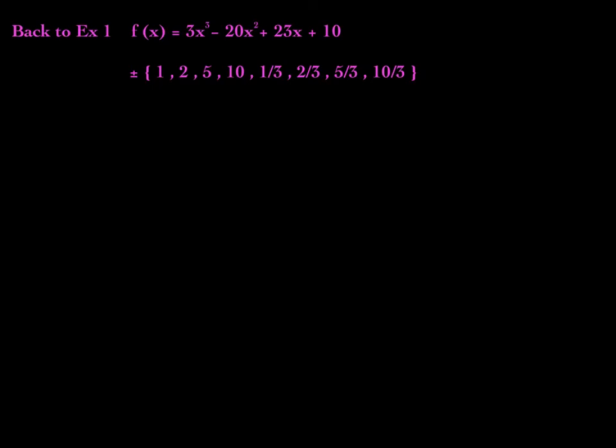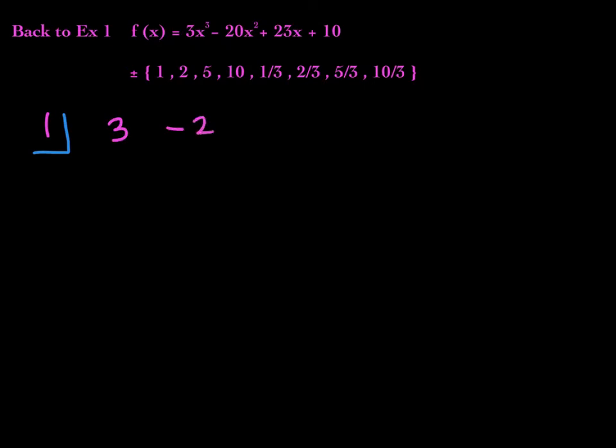So what I'm going to do is set up synthetic division. The first possible rational zero that I want to check is 1. That's the first entry in my set, right? So the synthetic division focuses on the coefficients of your function, right? So we did this a lot in the previous lesson.